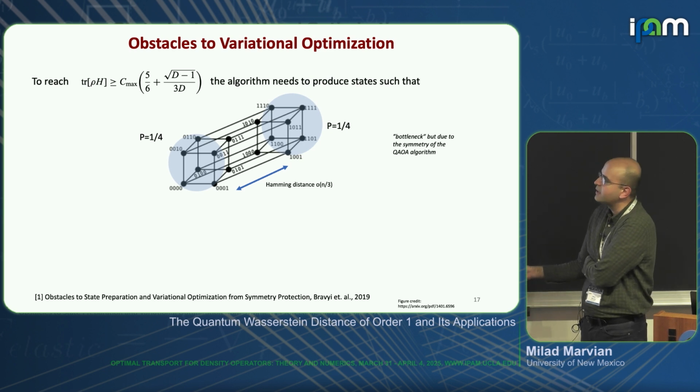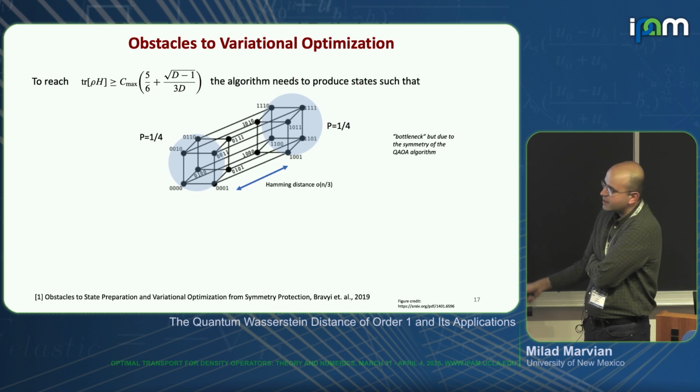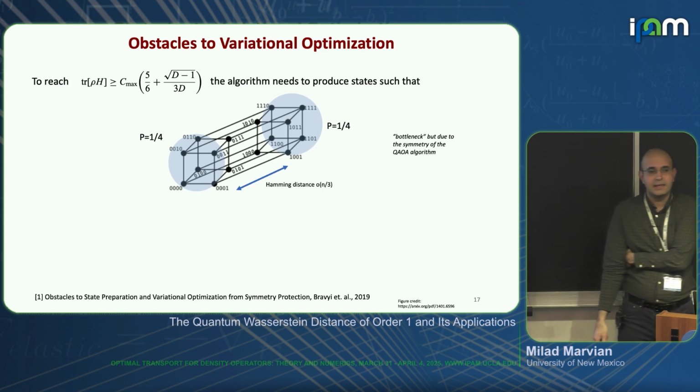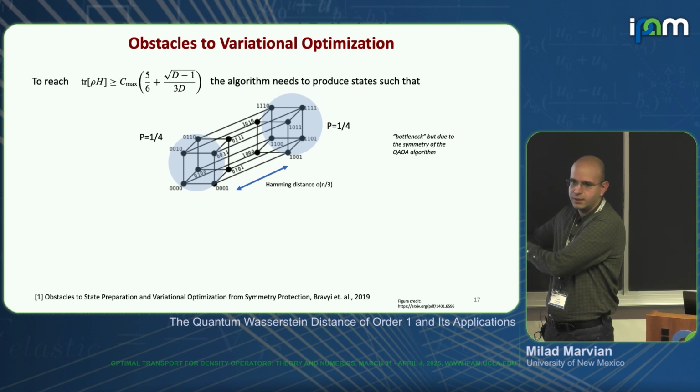Like at least, for example, you need to generate samples from this box with probability 1/4, and from this box with 1/4. But the challenge is that the Hamming distance between these is a function of n. That's what they did, okay?